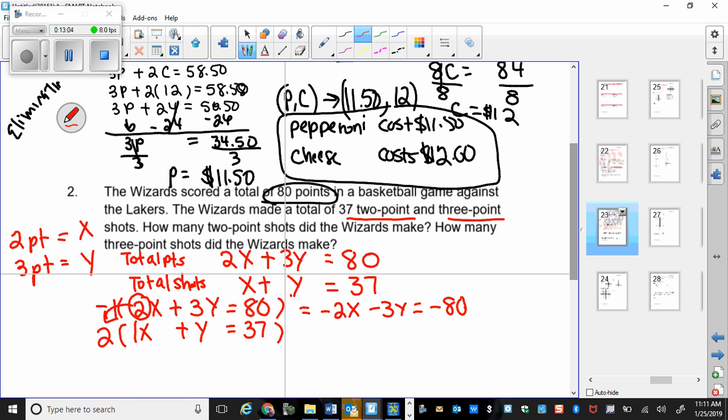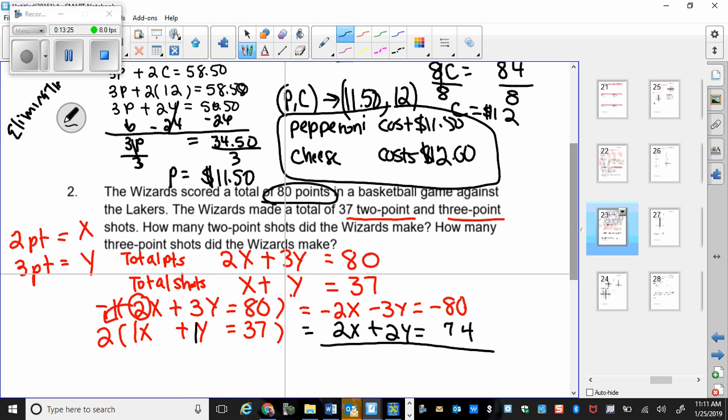On the bottom, 2 times 1x is 2x, 2 times 1y is 2y, equals 2 times 37, which is 74.